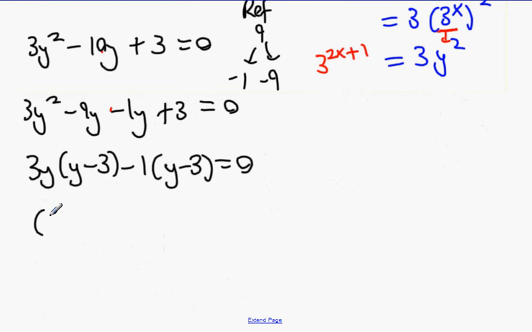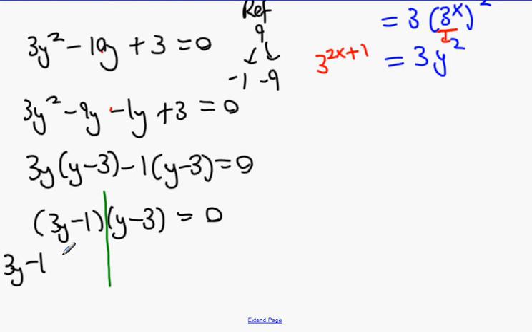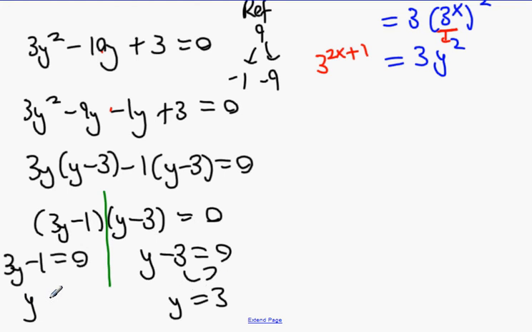And then we get 3y minus 1, y minus 3 equals 0. Cut it in half. And we get 3y minus 1 equals 0, y minus 3 equals 0. Y equals 3. Or 3y equals 1, y equals a third.